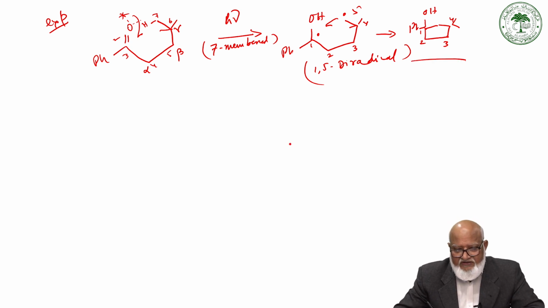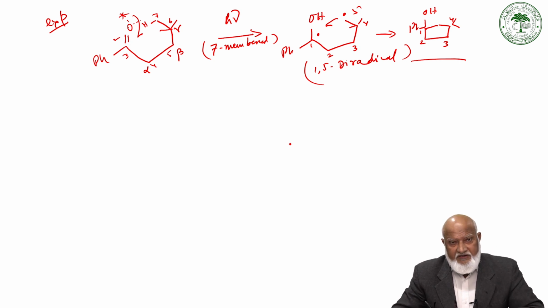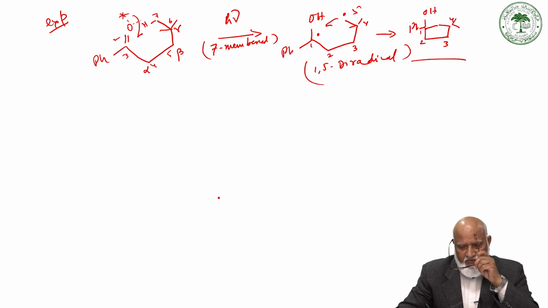So it is not necessary that the carbonyl abstracts only the gamma hydrogen to give a 6-membered transition state, which in turn gives a 1,4 diradical to give cyclobutanol.